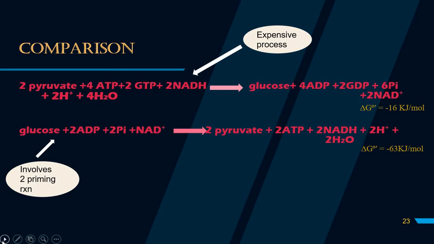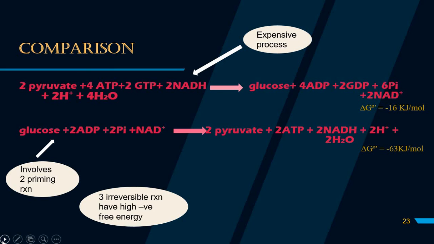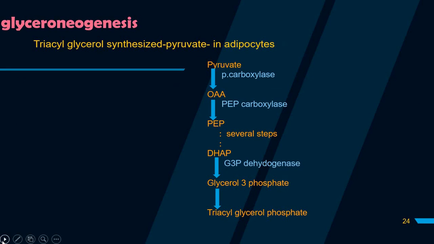At the preparatory phase, they consume 2 ATP molecules, but they are getting compensated by producing them later. Here is minus 63 kilojoule per mole, and the 3 irreversible reactions in glycolysis have high negative free energy. So we have seen about glycolysis and gluconeogenesis.